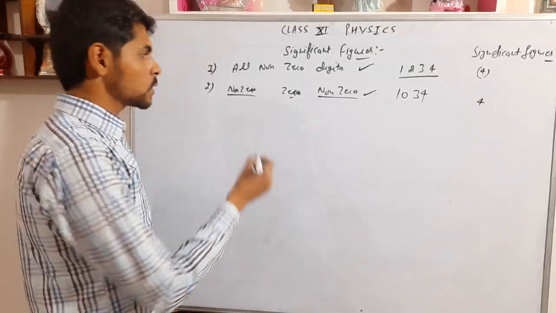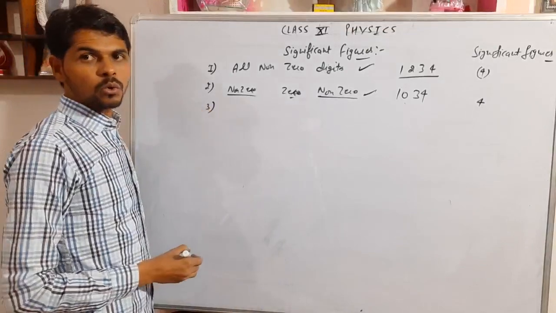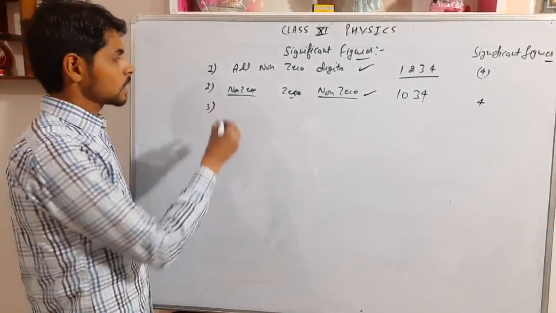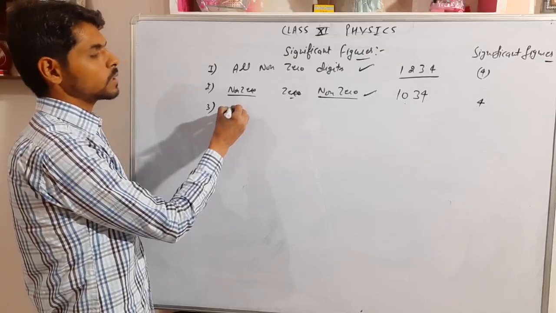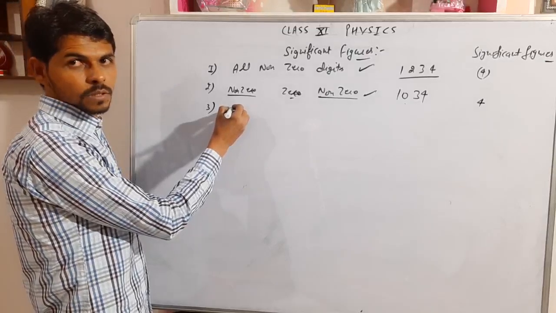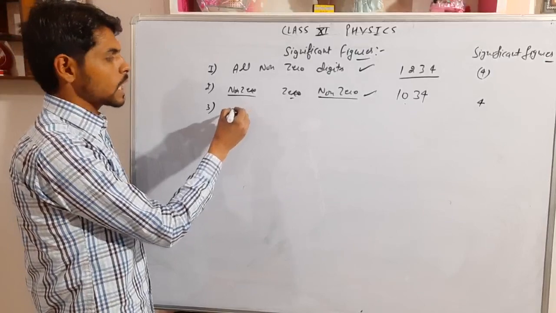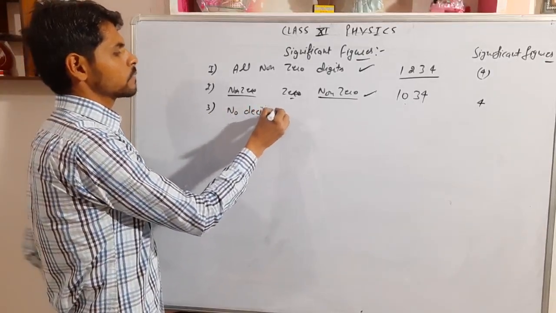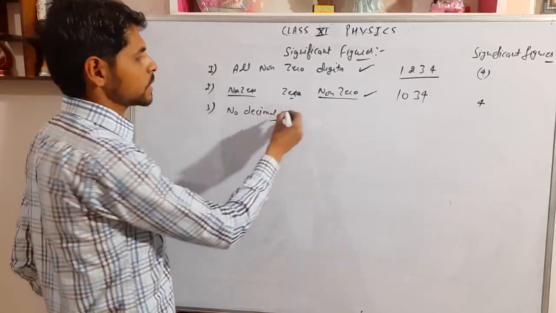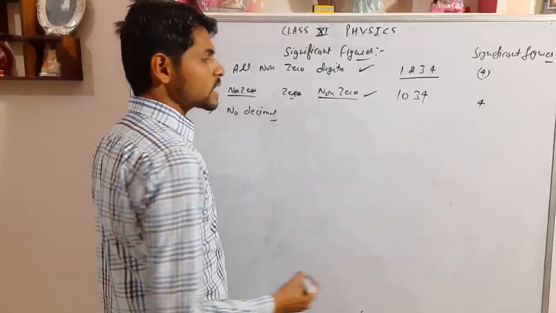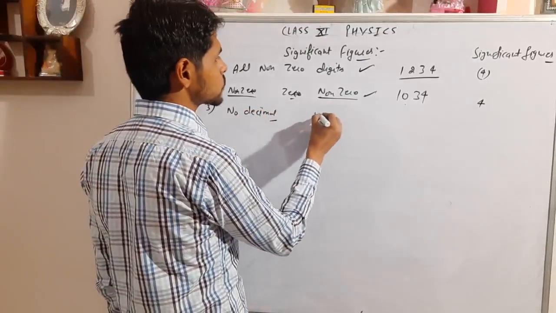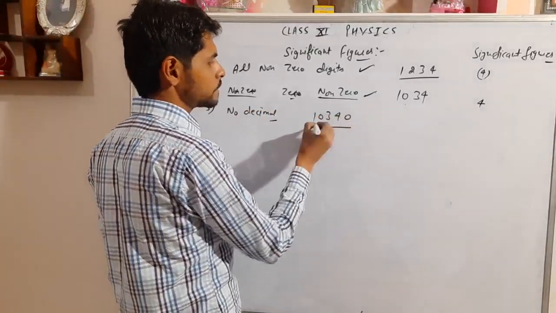So what is the third rule now? Rule three: if a number is without a decimal, then the last zeros will not be significant. Suppose the number is 10340.